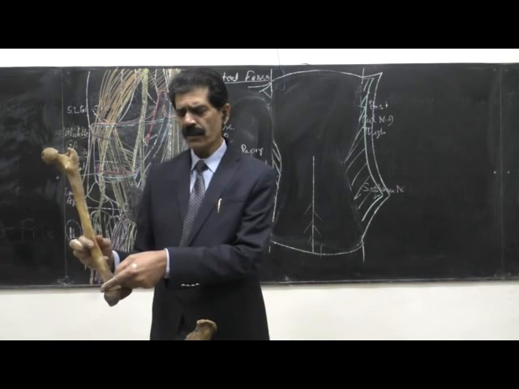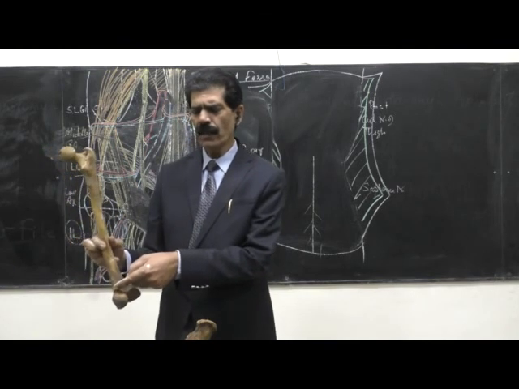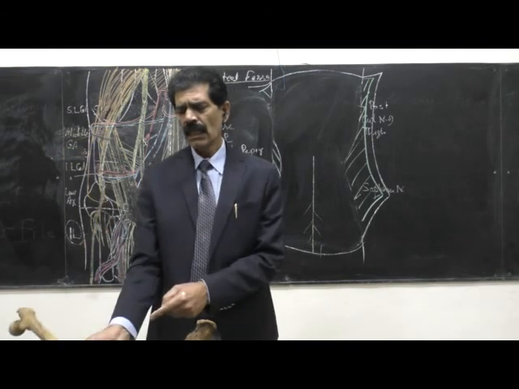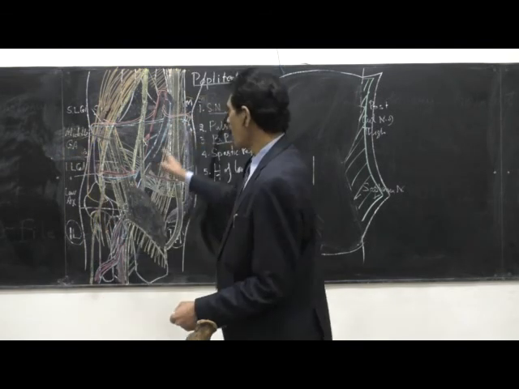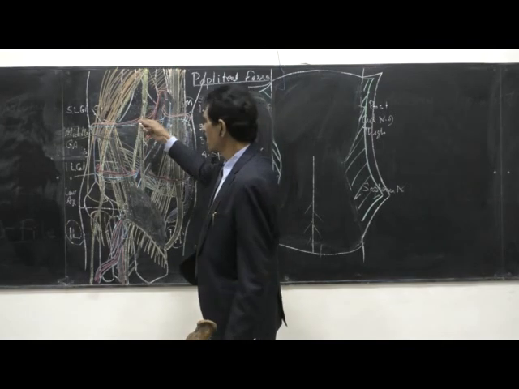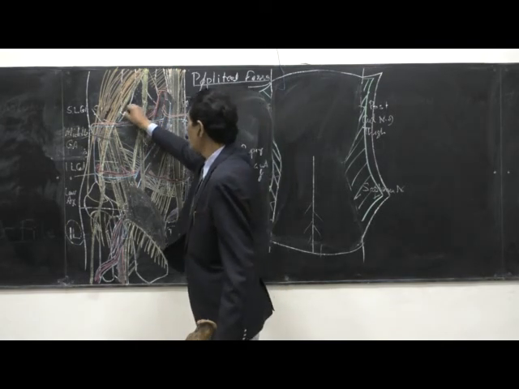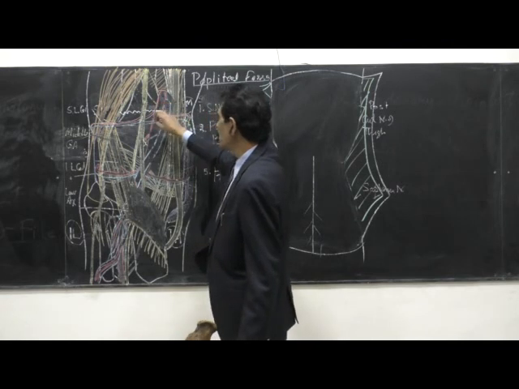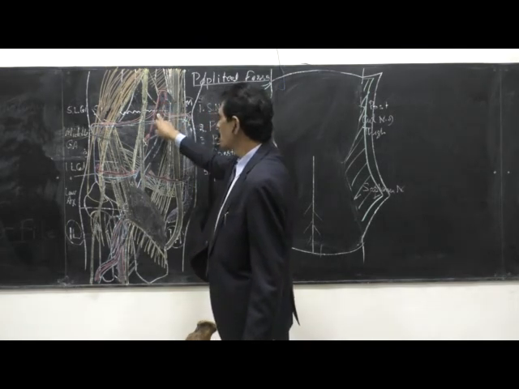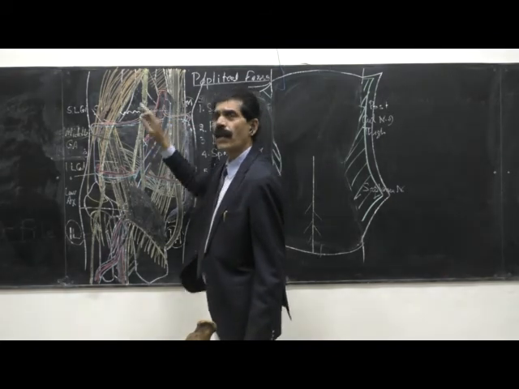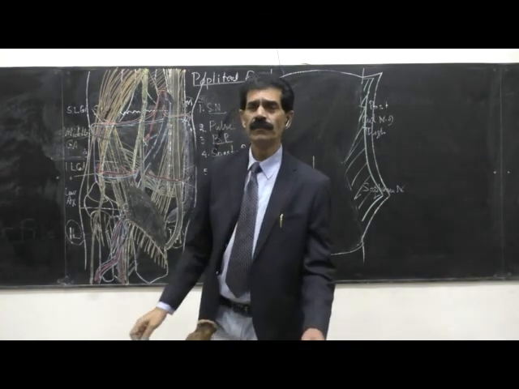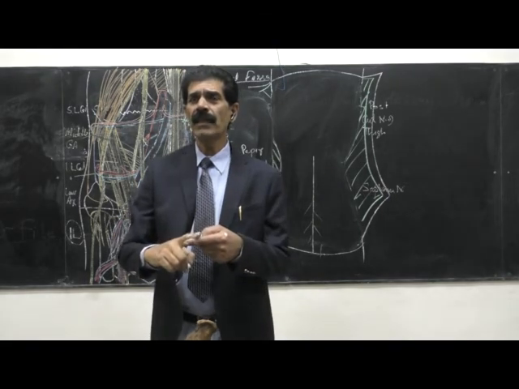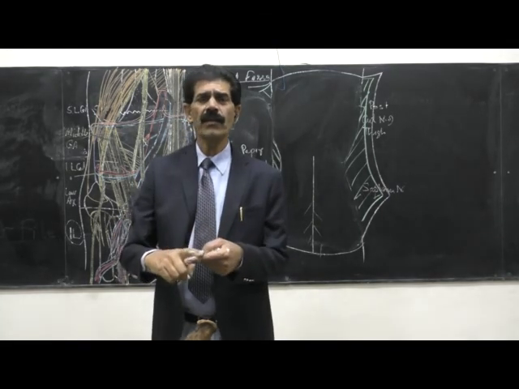So if there is a fracture over the lower end of the femur across the popliteal surface, as we know, the popliteal artery is touching the popliteal surface, and if the fracture line goes here, including the popliteal surface, then the popliteal artery is liable to be ruptured, or a tear may be there because of the two fragments of the fracture line.